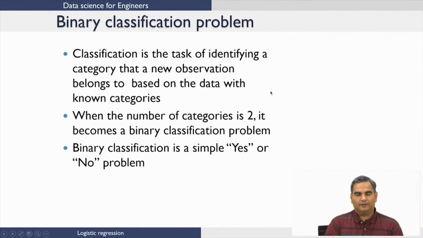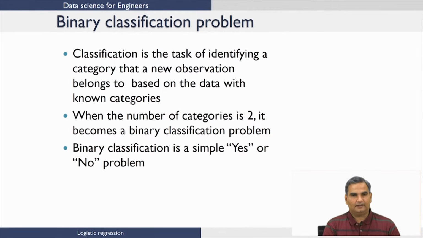Just to recap things that we have seen before, we have talked about the binary classification problem before. We said classification is the task of identifying what category a new data point or an observation belongs to.